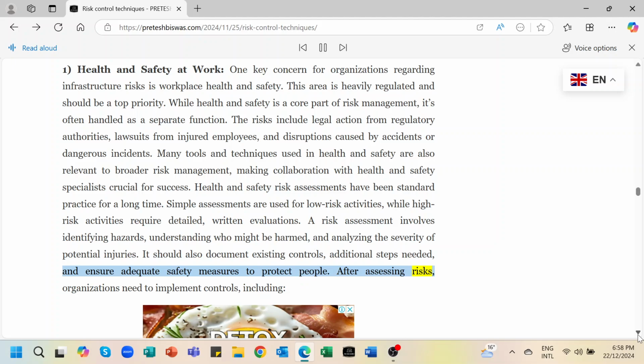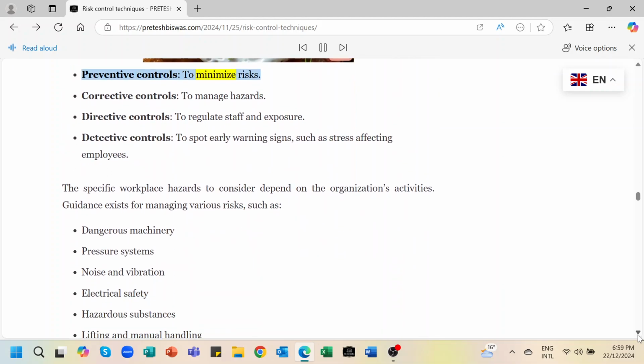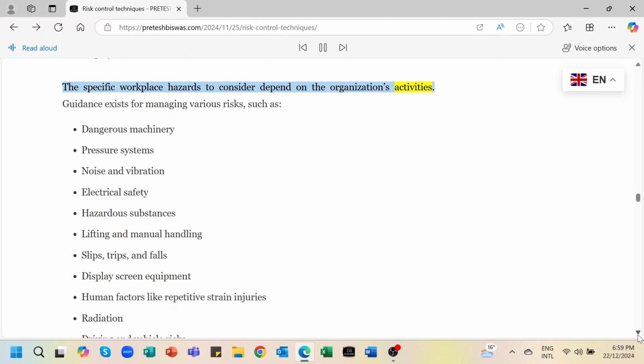After assessing risks, organizations need to implement controls, including preventive controls to minimize risks, corrective controls to manage hazards, directive controls to regulate staff and exposure, and detective controls to spot early warning signs, such as stress affecting employees. The specific workplace hazards to consider depend on the organization's activities.